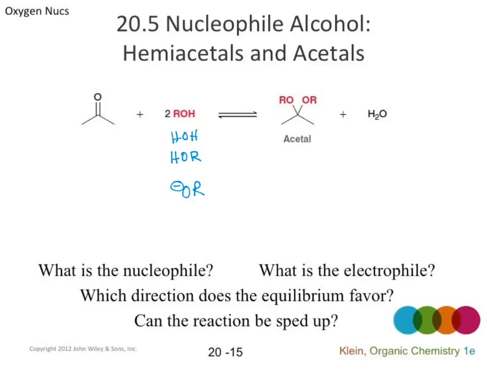So there is no effective difference as far as our mechanism goes. We get the exact same results. We've got our nucleophile, and we have our electrophile. The only thing that's slightly different is that instead of putting on hydrogens, we put on R groups. Okay? And we have the potential to put on 2.